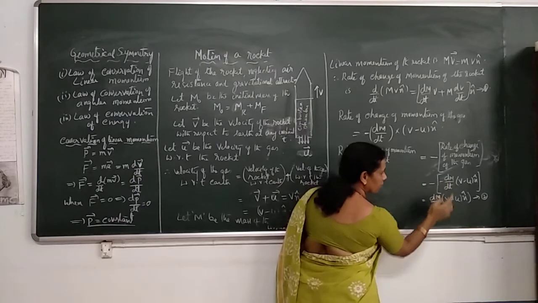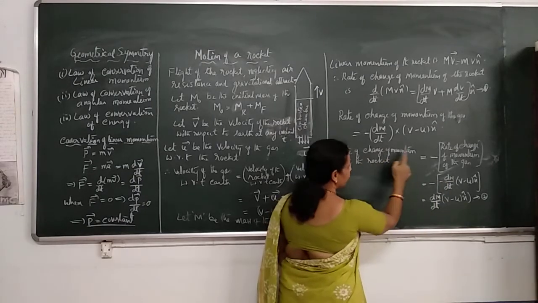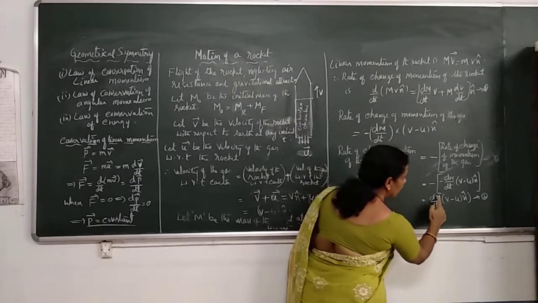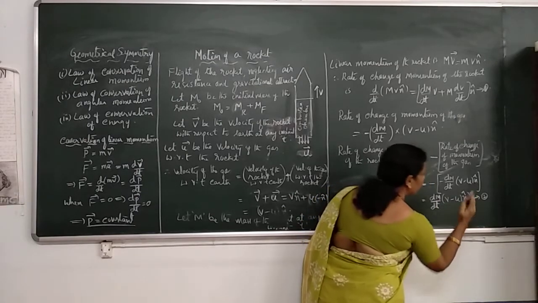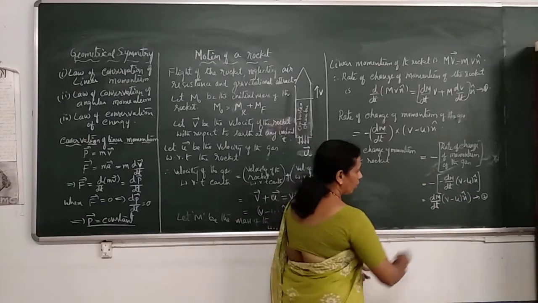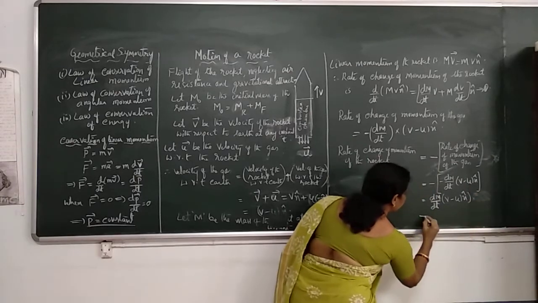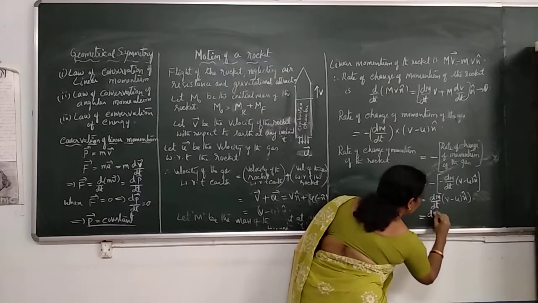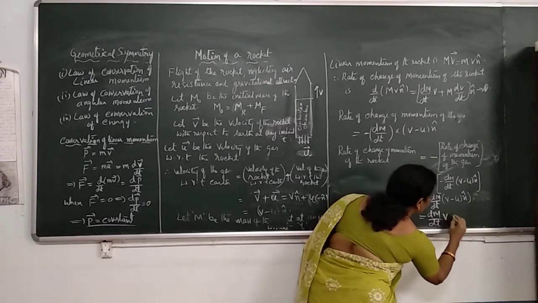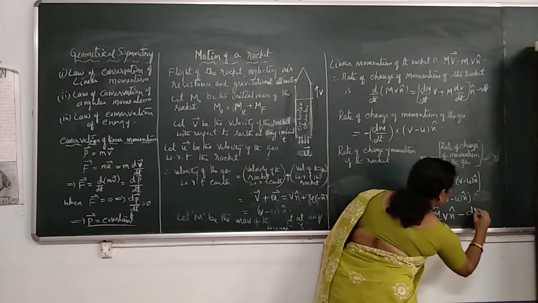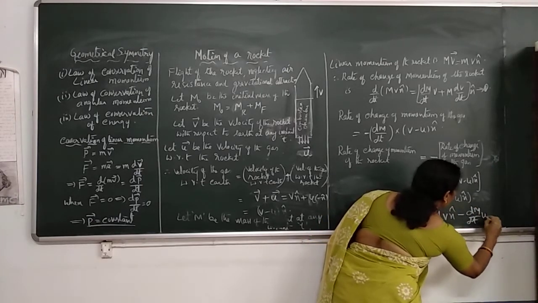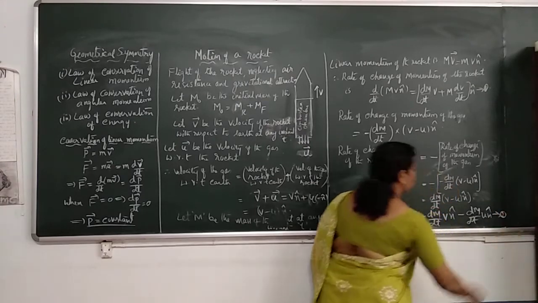So this minus becomes plus. We get rate of change of momentum of the rocket as dm by dt v minus u n cap. Or, let us simplify. What this becomes? dm by dt v n cap minus dm by dt u n cap. Let this one be equation 2.